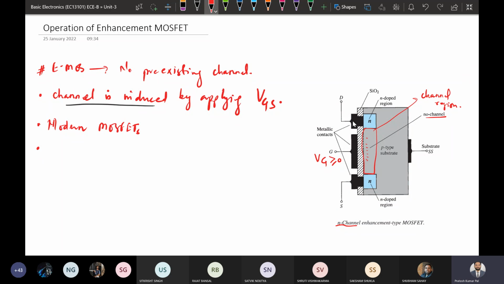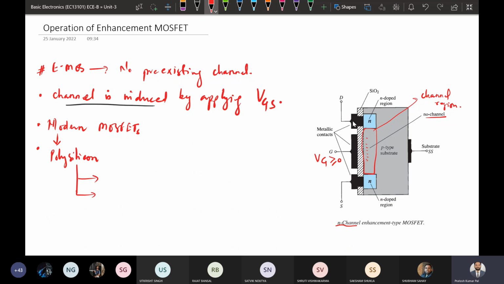So we were talking about the enhancement type MOSFET. In modern MOSFETs, instead of using metals, we use polysilicon, replacing the metals. There are some advantages associated with the use of polysilicon.